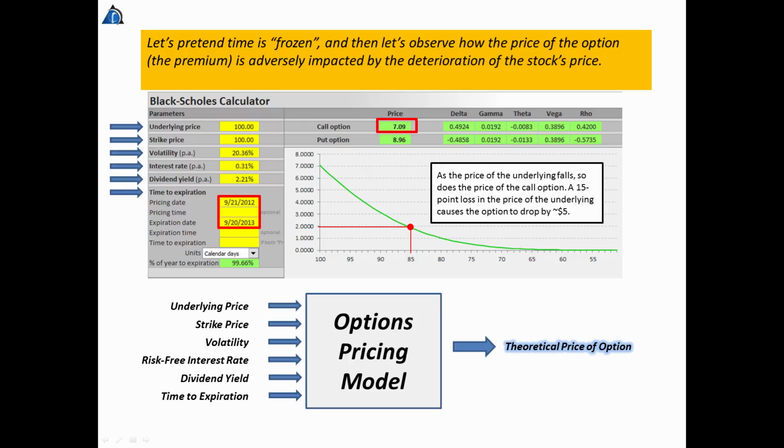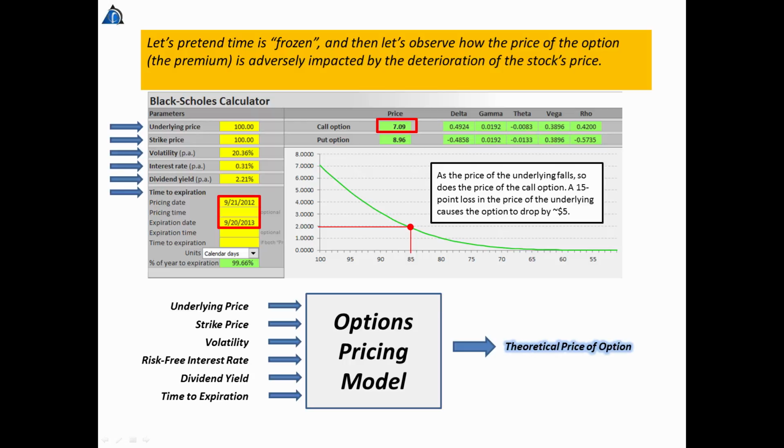Here, I entered the price of Apple, the strike price of my call, the stock's volatility measure, the interest rate of a U.S. Treasury bill, the stock's dividend, and the expiration date of my call option. I'm assuming today is September 21st, 2012, and my option expires exactly a year from now.